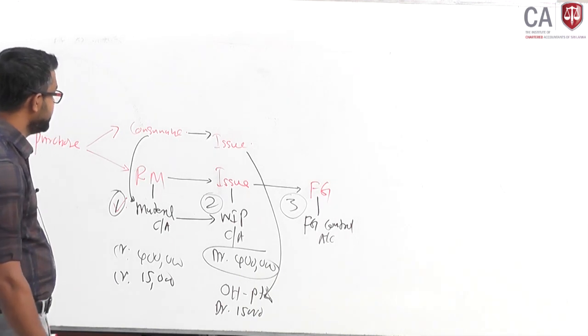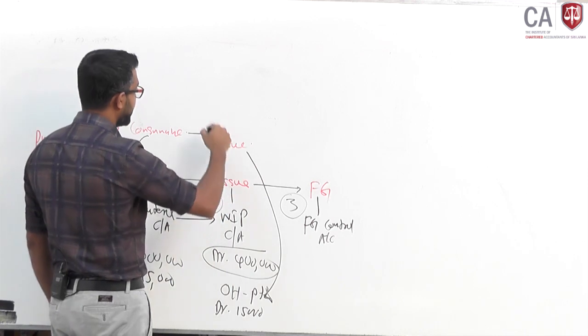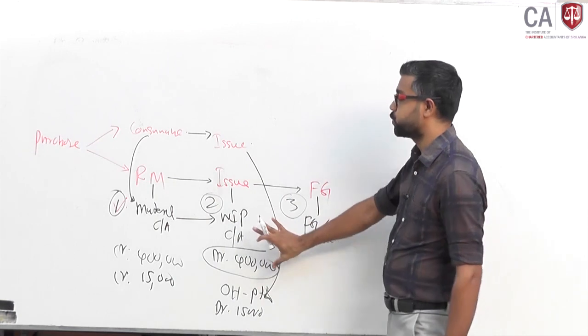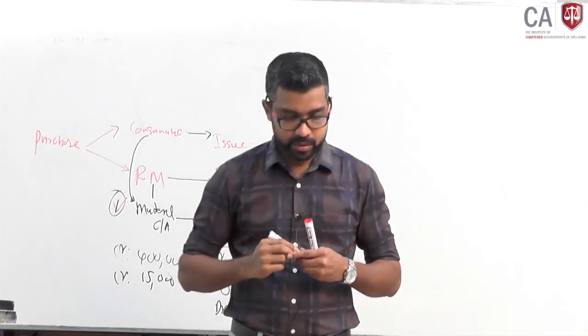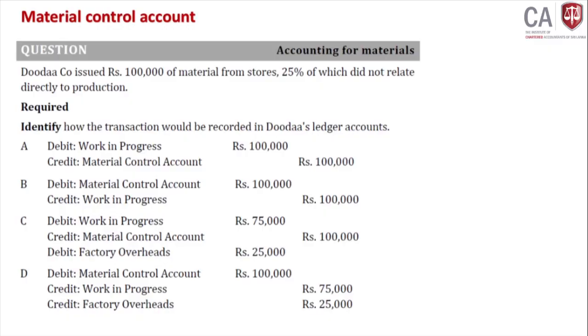And in addition to this, to process this you require wages. So then we have a wages control account also in addition to this list. Keep that also in your mind. We will discuss that later on.